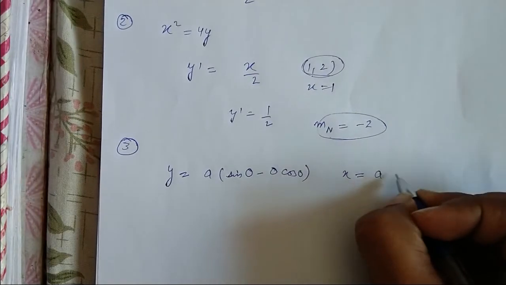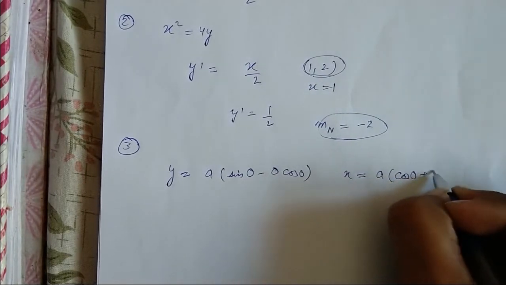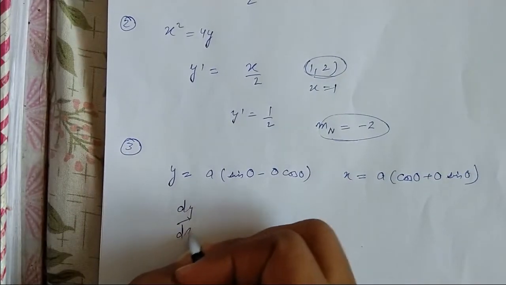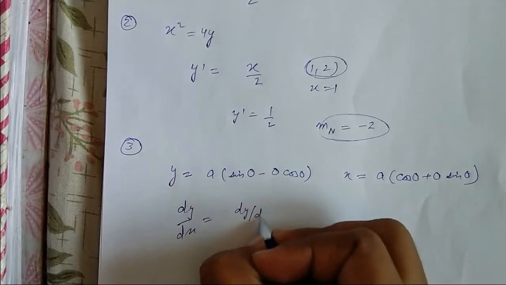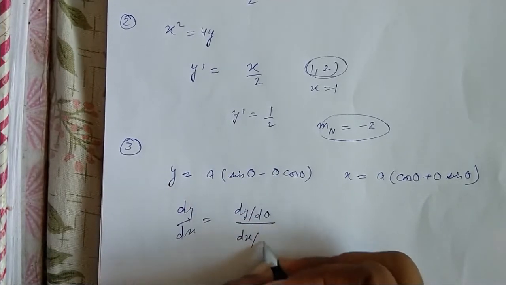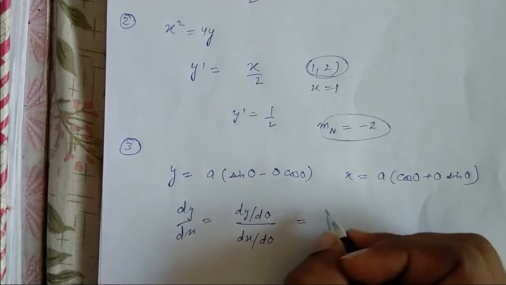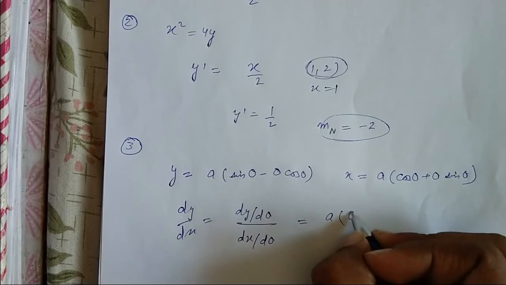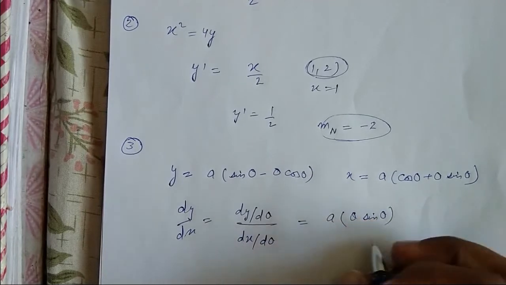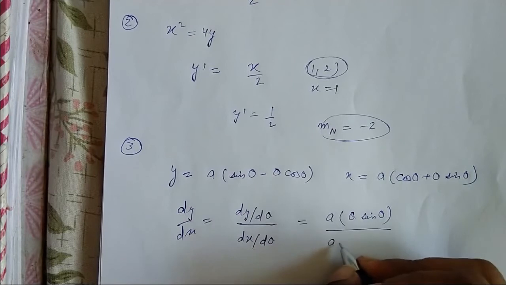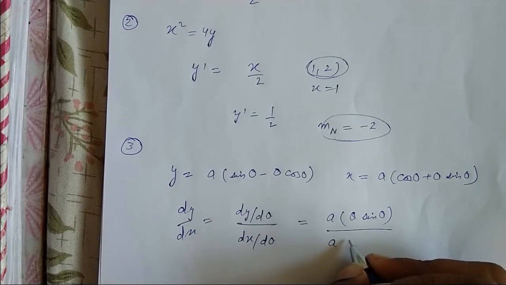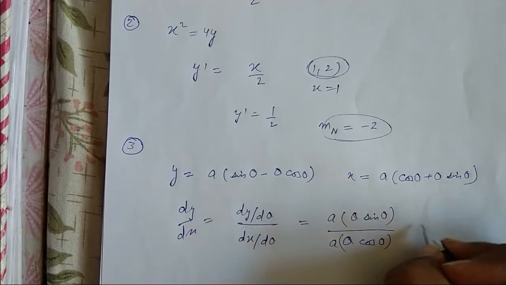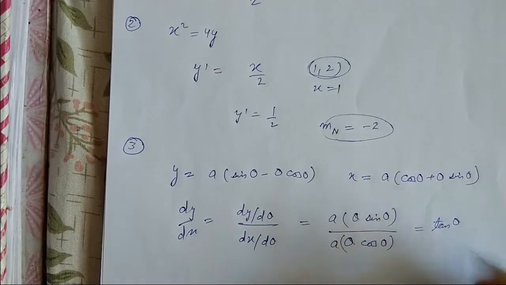So we would calculate dy by dx, dy by d theta upon dx by d theta, which is equal to a theta sin theta upon a theta cos theta, which in turn is equal to tan theta.